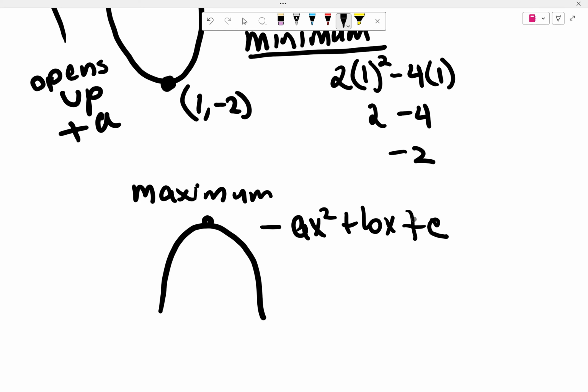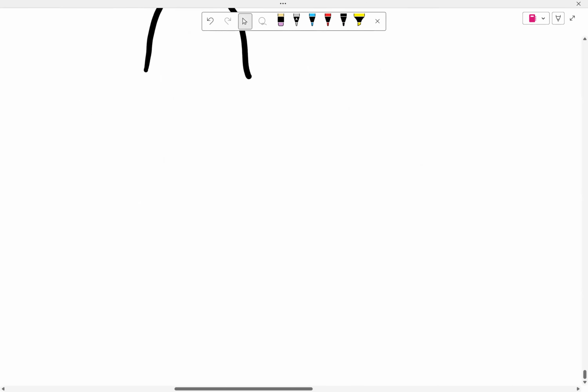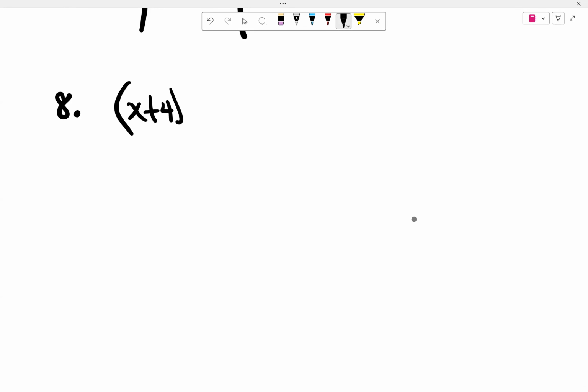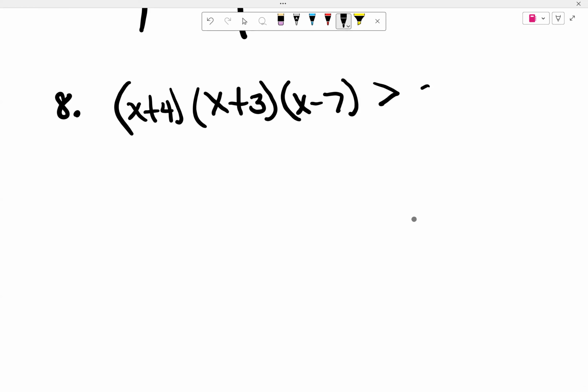Okay, let's look at number 8. On number 8, you're given 3 factors. So you have an x plus 4, we have an x plus 3, we have an x minus 7, and this is greater than 0.